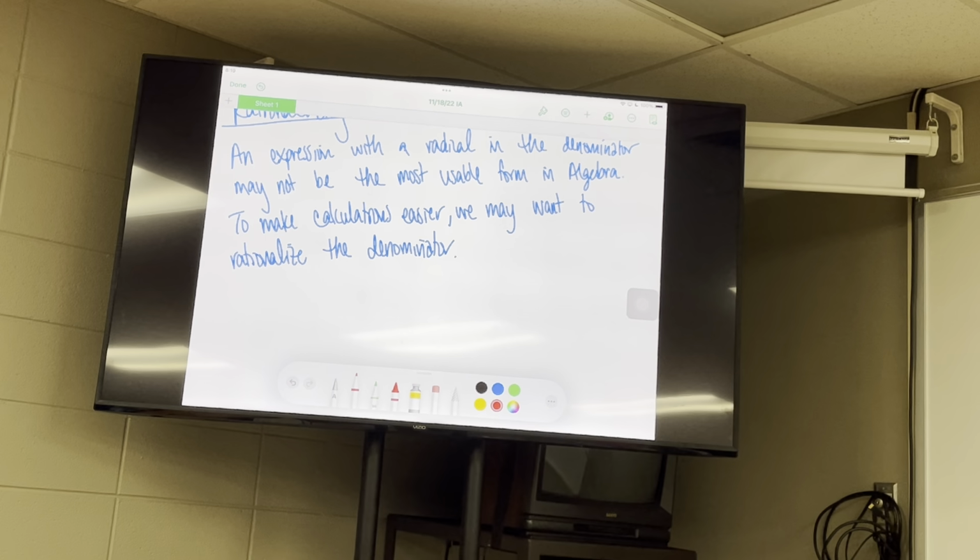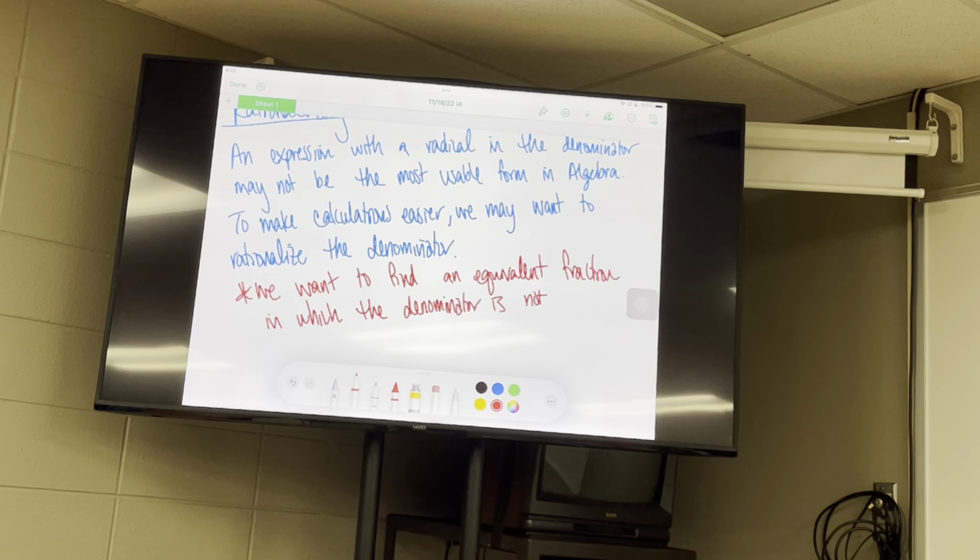What that means is we want to find an equivalent fraction in which the denominator is not a radical.